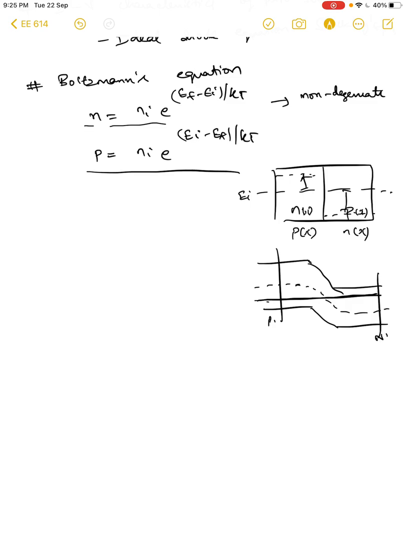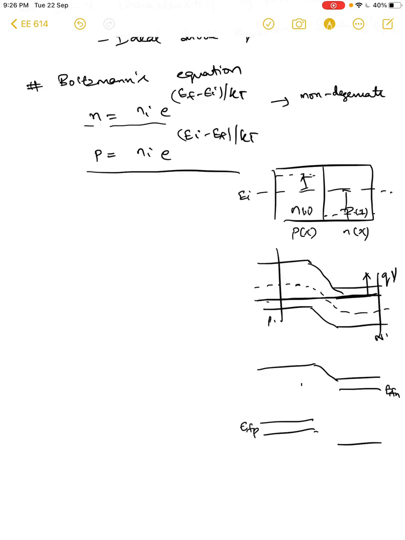Let us say that we apply a positive potential at p and a negative potential at n, such that the Fermi level on the n side is pushed up by the value qV, V being the applied bias. Under such situations, you can draw this band diagram again. Now the Fermi level is shifted and you have two different Fermi levels. This is the Fermi level on the electron side, this is the Fermi level on the hole side.